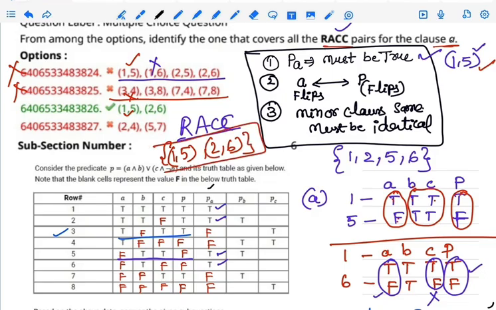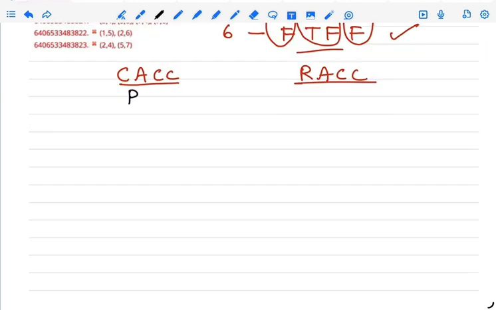You can check from answers also. No need to check with all the options. PA must be true. Here also PA must be true. So A and predicate both flip.